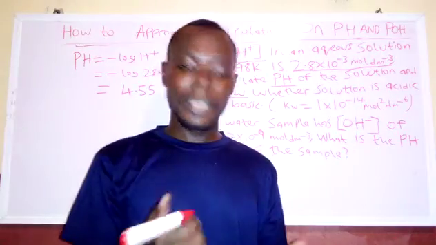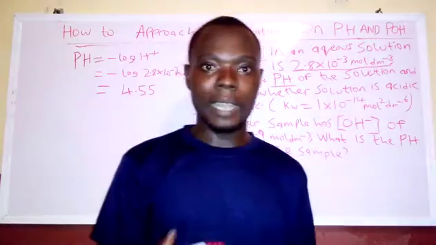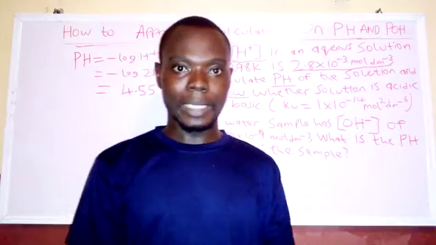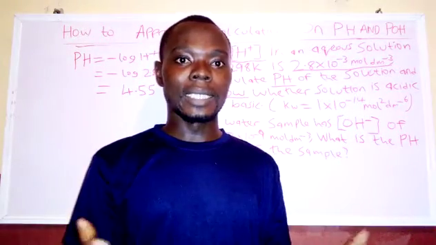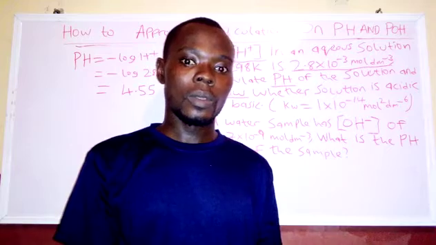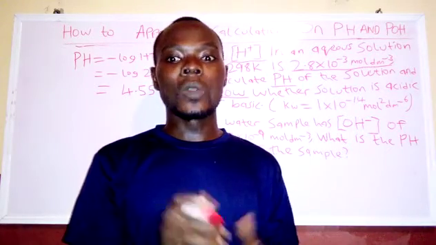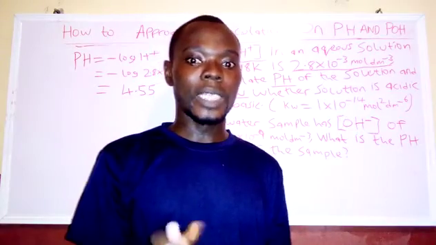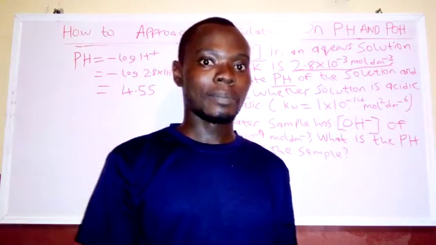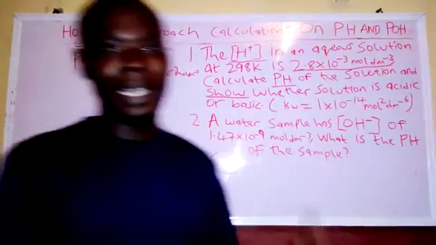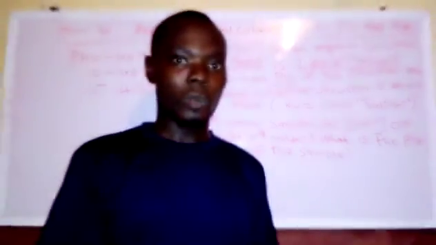When hydrogen ion is greater than hydroxyl ion, the solution is acidic. When hydrogen ion is less than hydroxyl ion, then the solution is basic or alkaline. When hydrogen ion equals hydroxyl ion, then the solution is said to be neutral. So now they said show whether the solution is acidic or basic. That means you have to determine the hydroxyl ion also and compare it with the hydrogen ion.